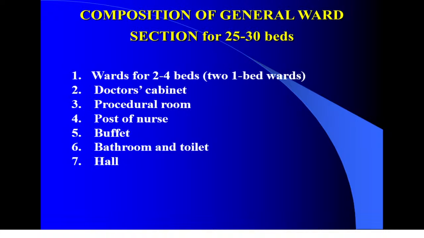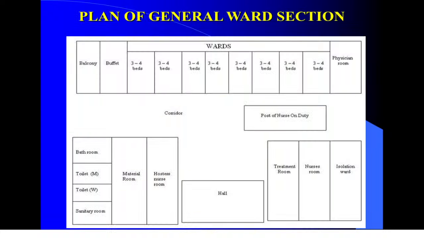And maybe different types of corridor. Now you can see the plan of a general ward section, where wards, corridor, post of nurse, treatment room, nurses room, material room, and bathroom, toilet.